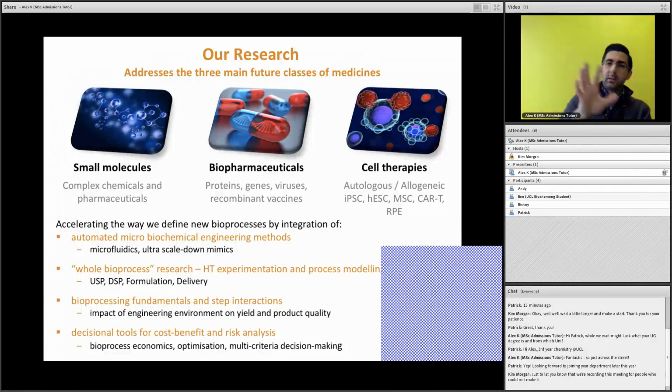And the way we integrate all of these together is we look at what we call whole bioprocess research. So while doing research, we don't focus on a particular aspect, but rather we try to look at the big picture, all the way from discovery to commercialization.